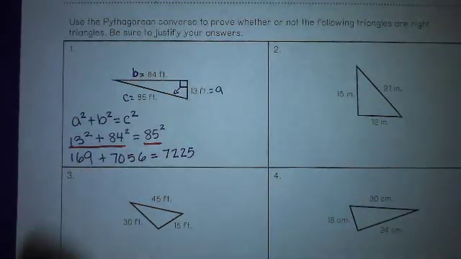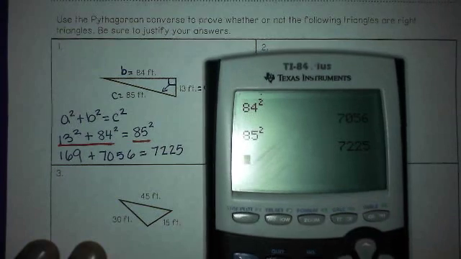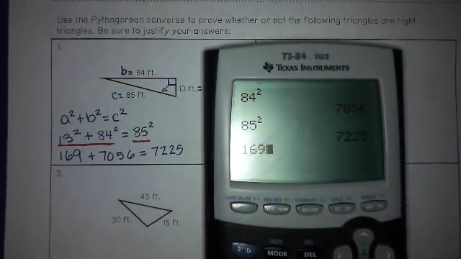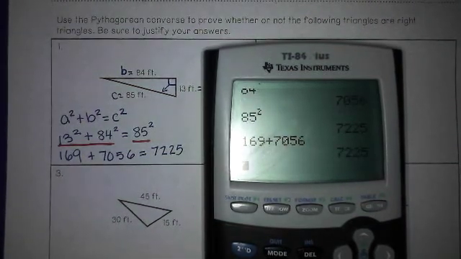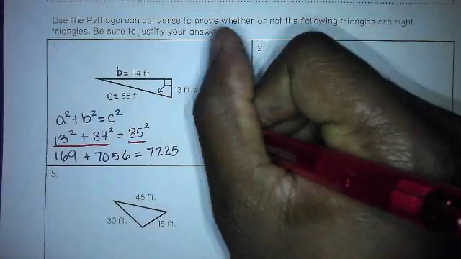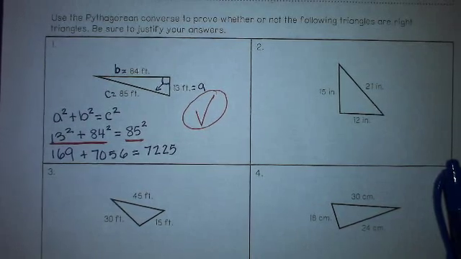And all you need to do is see if those two add together to give you what you're looking for. Alright? So let's see. I'm going to use my calculator here, my trusty dusty calculator. And I'm going to put those numbers in. 169 plus 7,056. It works! So, this one is true. This is true. That one works. Congratulations. You just used the Pythagorean theorem converse to prove that a triangle is indeed a right triangle.